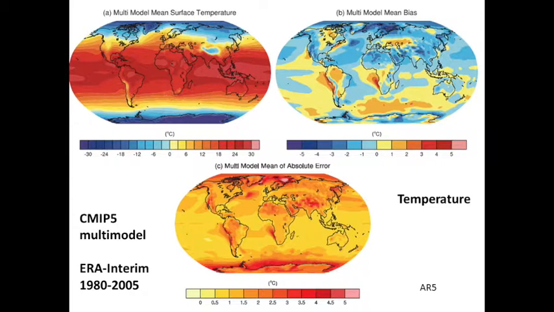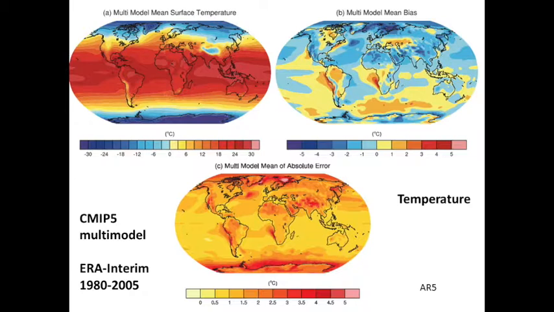And if not, in the second class, we can discuss this. And here is the first one, the mean of surface temperature in the ocean and also on the land.